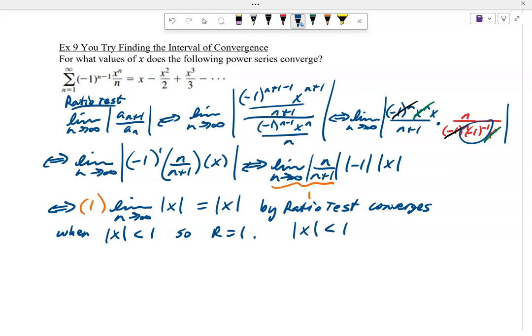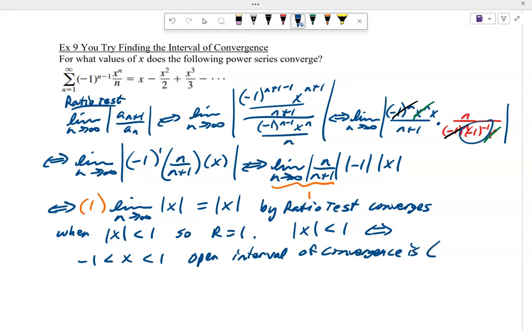So we have the absolute value of x is less than 1, which means x is between -1 and 1, so our open interval of convergence is -1 to 1, but we need to check endpoints.